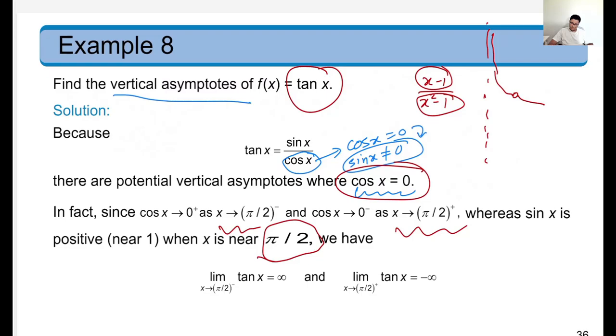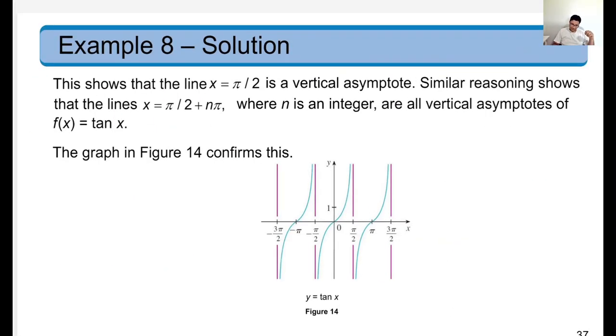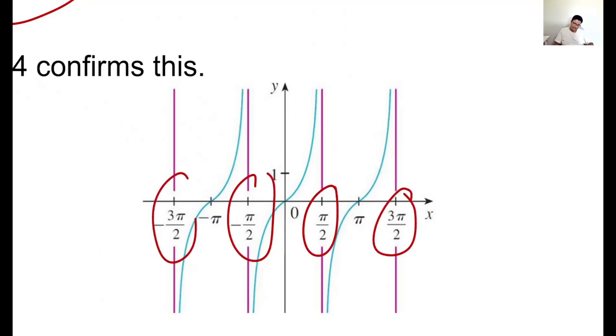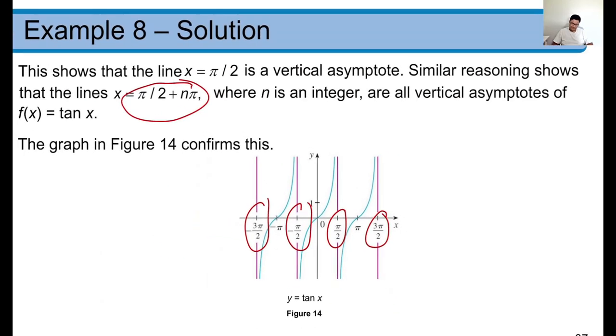And the general solution would be not just pi over 2, but any odd multiples of pi over 2, like pi over 2, 3 pi over 2, 5 pi over 2, 7 pi over 2, and so on. In general this is defined as pi over 2 plus n pi, and here are some examples: pi over 2, 3 pi over 2, or negative pi over 2, negative 3 pi over 2, and so on. That is the graph of tangent.